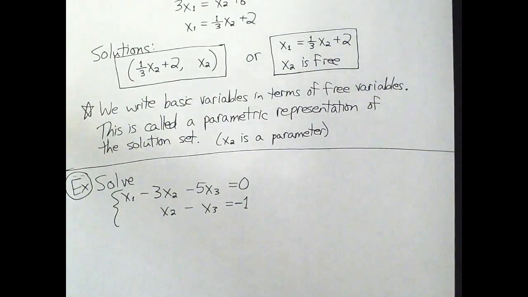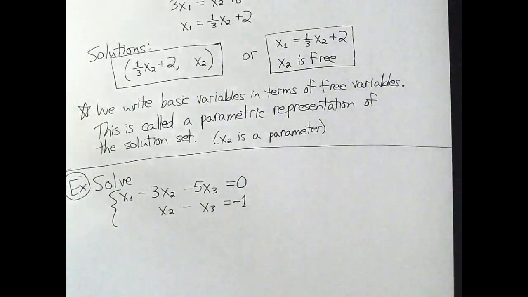Now, this problem looks different from other ones because there are 3 variables, but this time there are only 2 equations. It seems like most of the problems I've been showing us, it's usually been either 2 equations, 2 variables, or 3 equations, 3 variables. Now we have kind of a mismatch. That's okay.